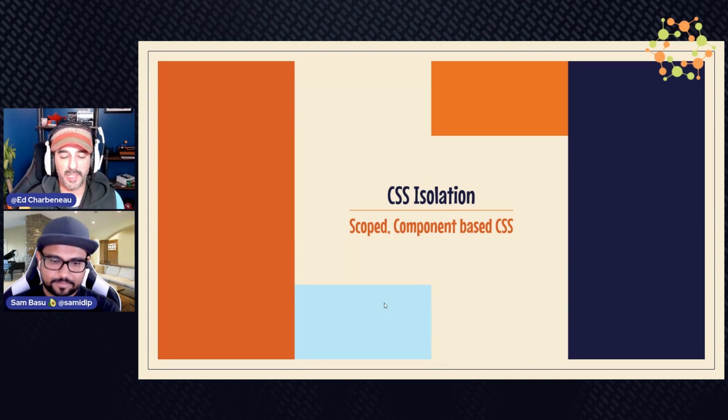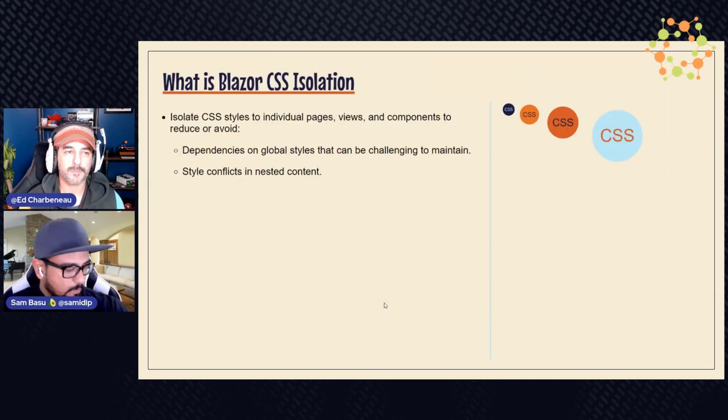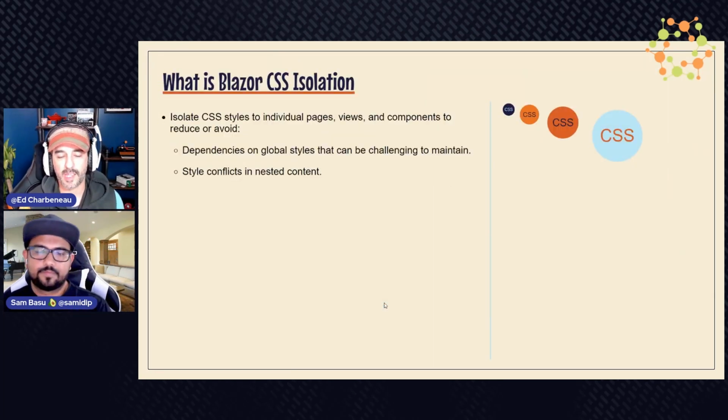The next thing is very Blazor specific. We're going to talk about CSS isolation, scoping components, component-based CSS, lots of very Blazor specific stuff here. So Blazor has a concept of isolation of CSS.